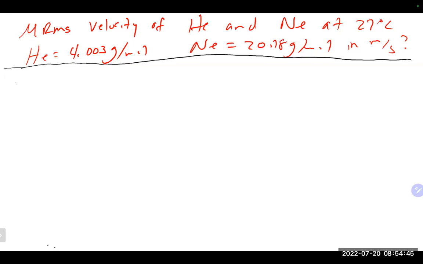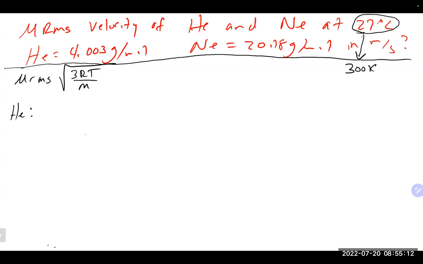So we're going to do our root mean square velocity, which is the square root of 3RT divided by the molar mass. We'll do it here for helium. We do need to convert, once again, our temperature into Kelvin. So we'll add 273 to that, so that should be 300 Kelvin.